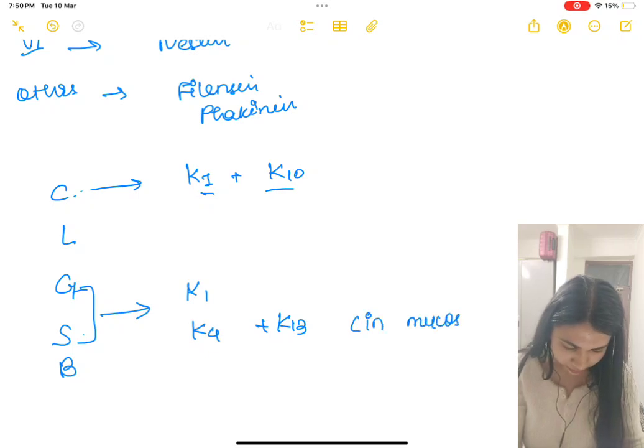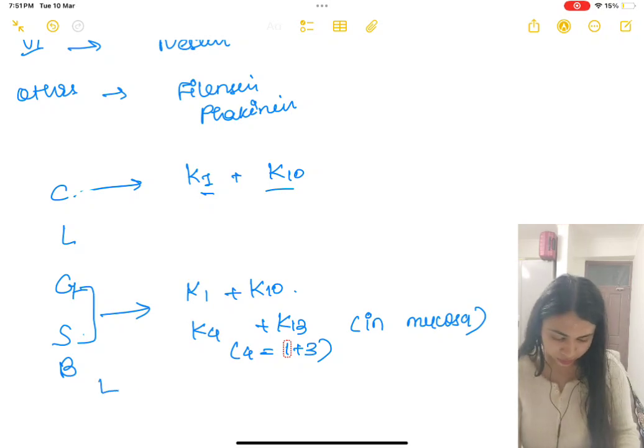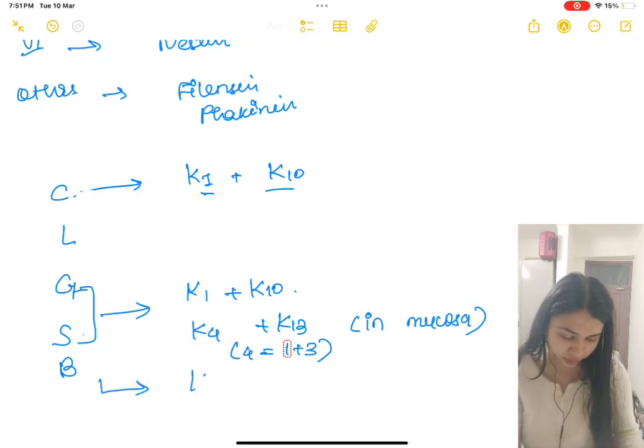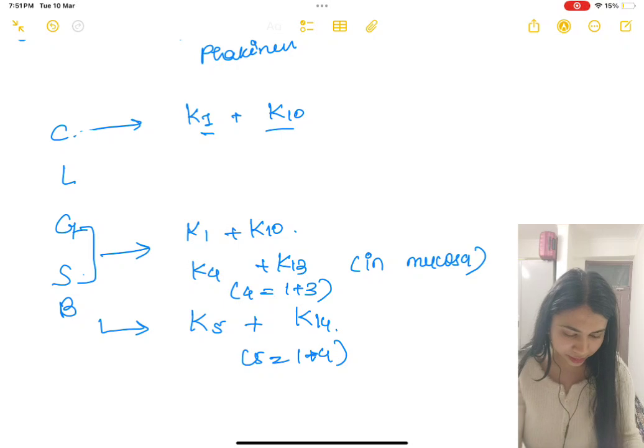Also, as the cells get cornified, they will express K1 plus K10. You can say 4 is equal to 1 plus 3. So K4 plus K13 is in granulosum and spinosum, and in basal you increase one number from this: K5 plus K14. Also 5 is equal to 1 plus 4. So you can remember it like this.